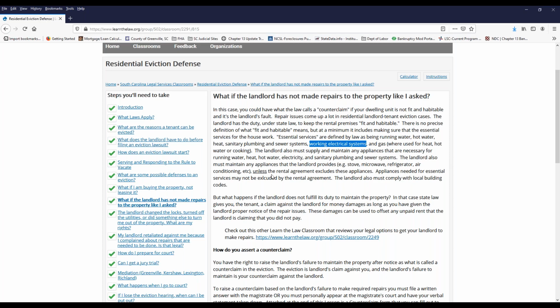But the law allows that the rental agreement can exclude these appliances in certain circumstances. Appliances needed for essential services cannot be excluded. So you can't say that the tenant has to maintain the HVAC unit if it's necessary for heating the building.